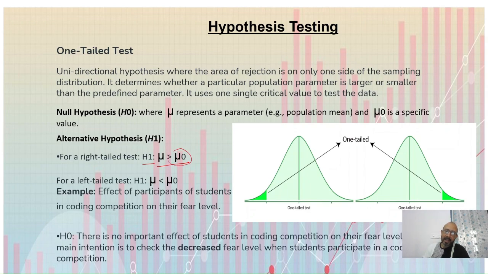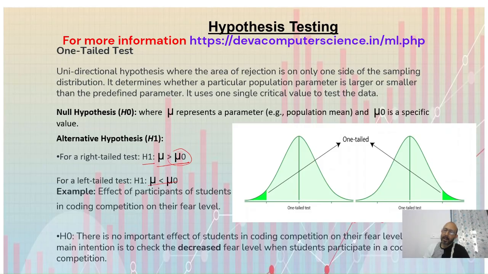For a left tail test, H1, that is mu less than mu 0, meaning the mean is less than the null hypothesis population mean. For a left tail test, H1, mu less than mu 0.